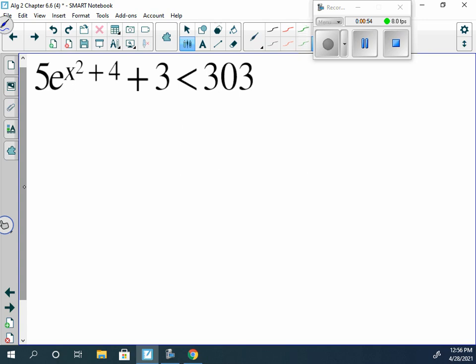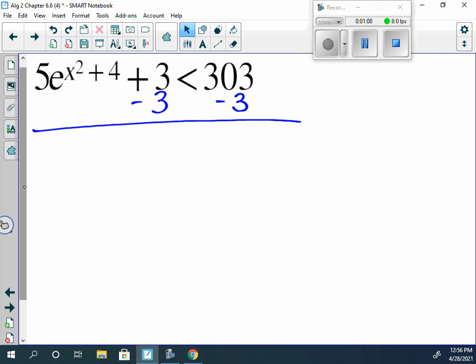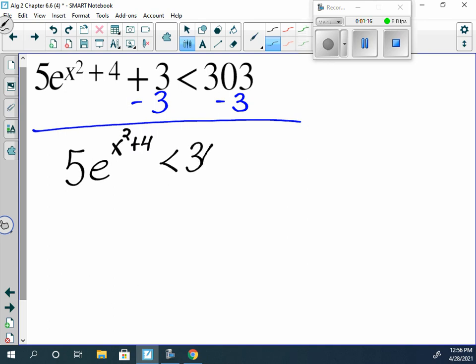So we're going to work with this one instead, with 303. Now, whenever we're solving these, especially with exponentials, we want to get x by itself. So what can we do first? We can subtract 3 from both sides. So it's that 5e to the x squared plus 4 is less than 300.